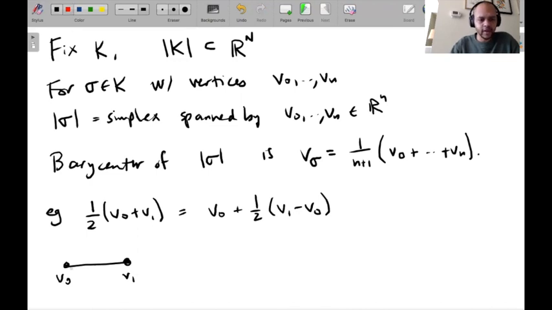It's the vector V0 plus 1/2 (V1 minus V0), and you get exactly the midpoint of the edge. And in general, for a simplex, you get some point in the center. That's the barycenter of the simplex.